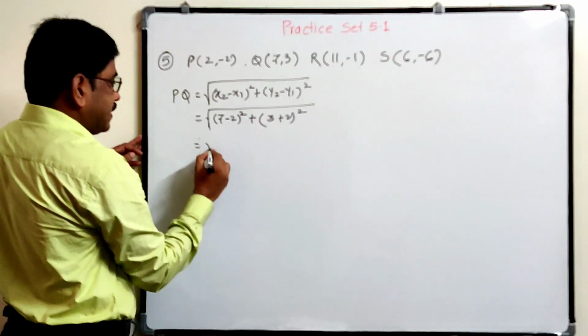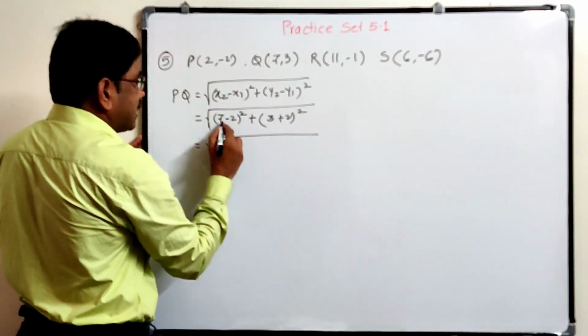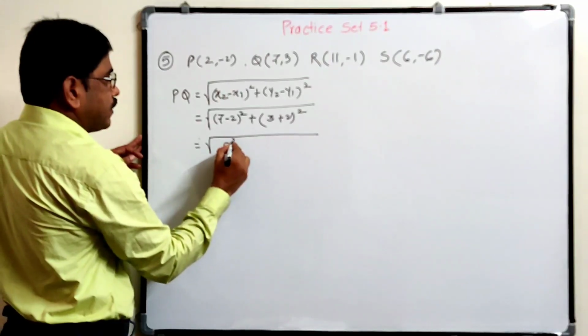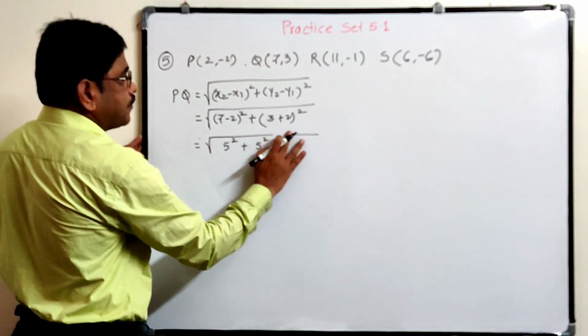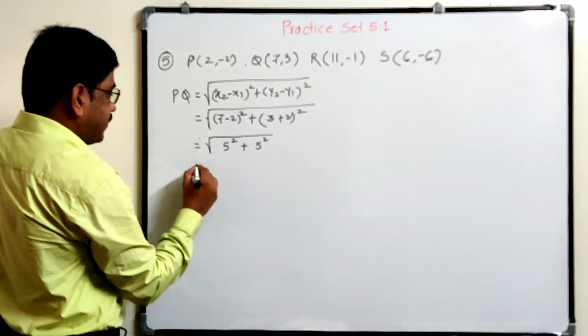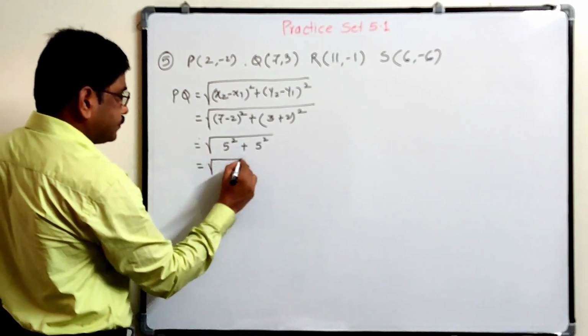So here we get 7 minus 2 is 5 square plus 3 plus 2 is 5 square. That means 25 plus 25.